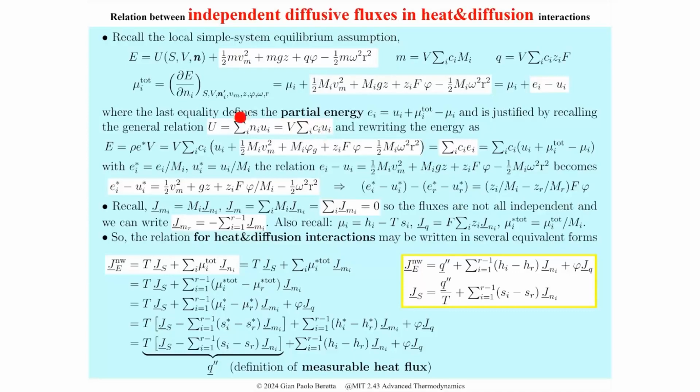So if you rewrite this expression for the energy, you write it in terms of the specific energy per unit volume times the volume. And here you substitute this for the internal energy, which is the first term here. So you see that the overall energy is given by a summation weighted on the concentrations of all these terms.